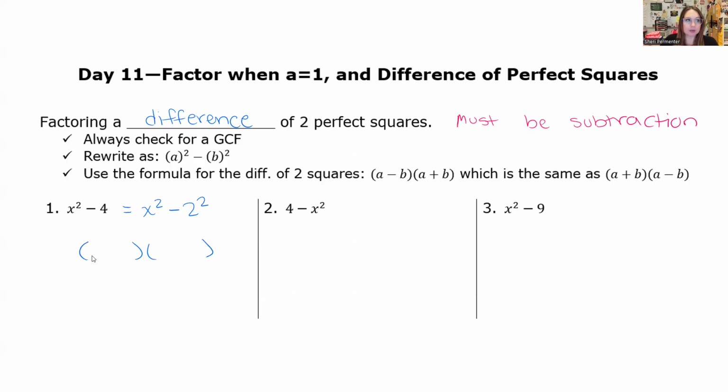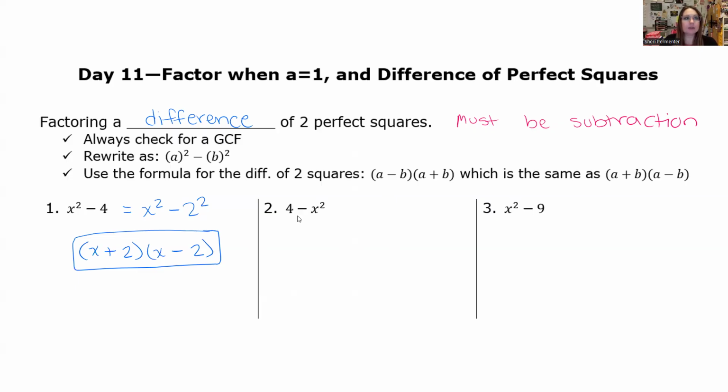X is first, so it's going to be first in both sets of parentheses. The 2 is second, so it will be second in both sets of parentheses. And all I have to do is put a plus and a minus in each set, and it doesn't matter which one, but one's got to be plus, one's got to be minus. And that is your answer. That's it. Again, I want to see this step right here.